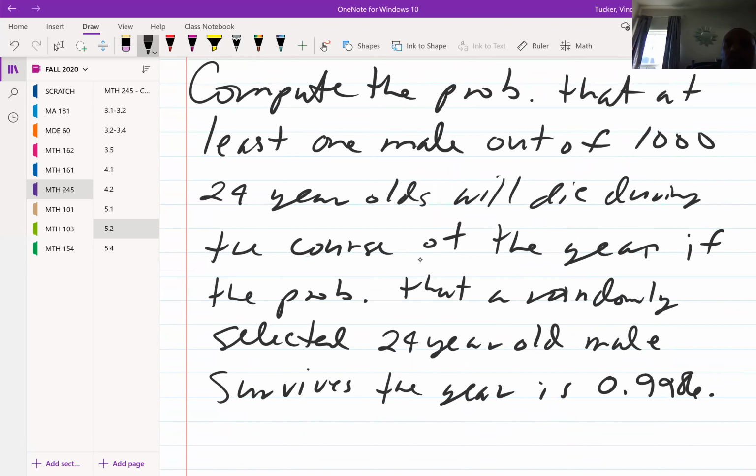All right, so compute the probability that at least one male out of 1,000 24-year-olds will die during the course of the year, if the probability that a randomly selected 24-year-old male survives the year is 0.9986.